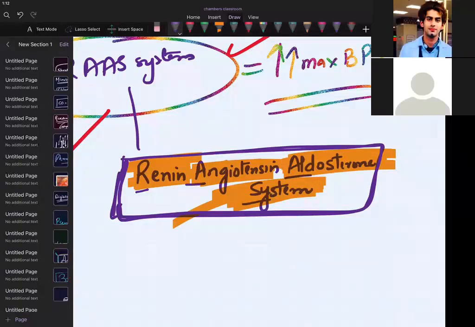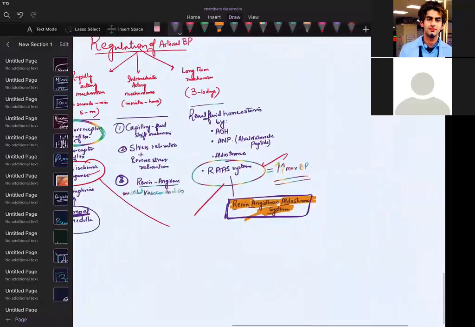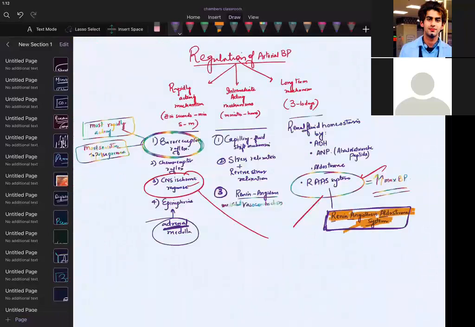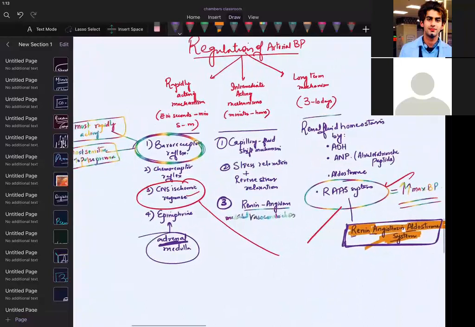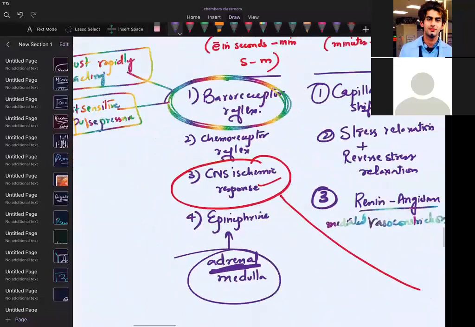So this baroreceptor mechanism, by the way, how is it working? Can you tell me which of the following is short term? Neural mechanisms are short term, isn't it? All neuro, reflex, response, epinephrine, all neural.